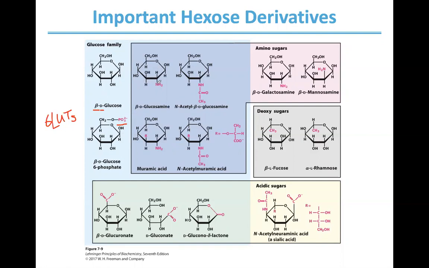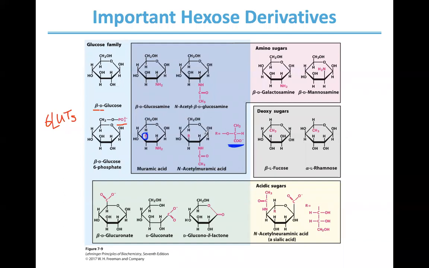So this is glucosamine, right? So basically instead of OH, we have NH2. This is N-acetyl glucosamine. This is an amide. Muramic acid is also a derivative of glucosamine, only the group R is a derivative of lactic acid shown here.